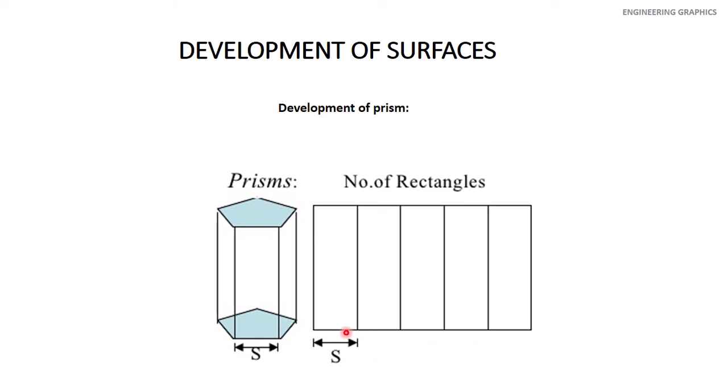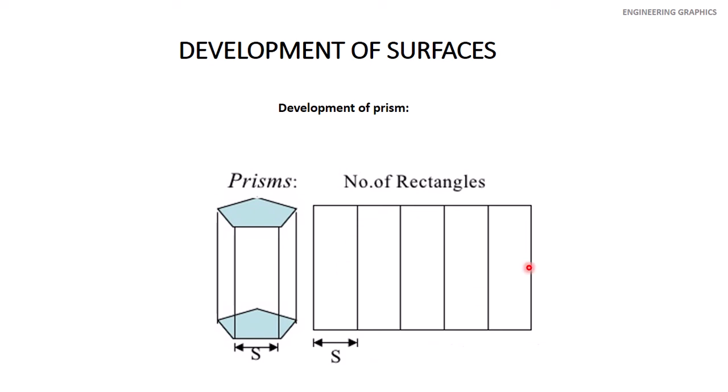After the distance of S, draw a vertical line, then again take a distance of S and draw a vertical line, and this vertical length should be equal to the height of the prism. By drawing this, you can make a development of prism.